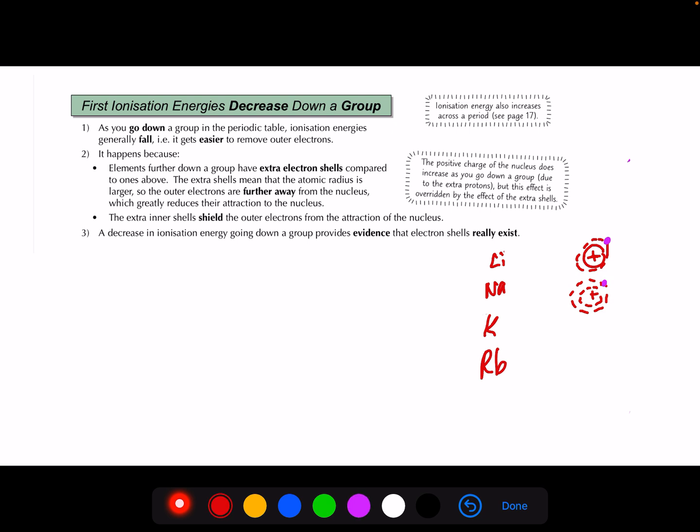For potassium, as you move down the group, of course, we know from the periodic table that an extra shell is added, right? So for potassium, there is one more extra shell, and the electron is further away from the nucleus. For rubidium, one more shell is added, right?